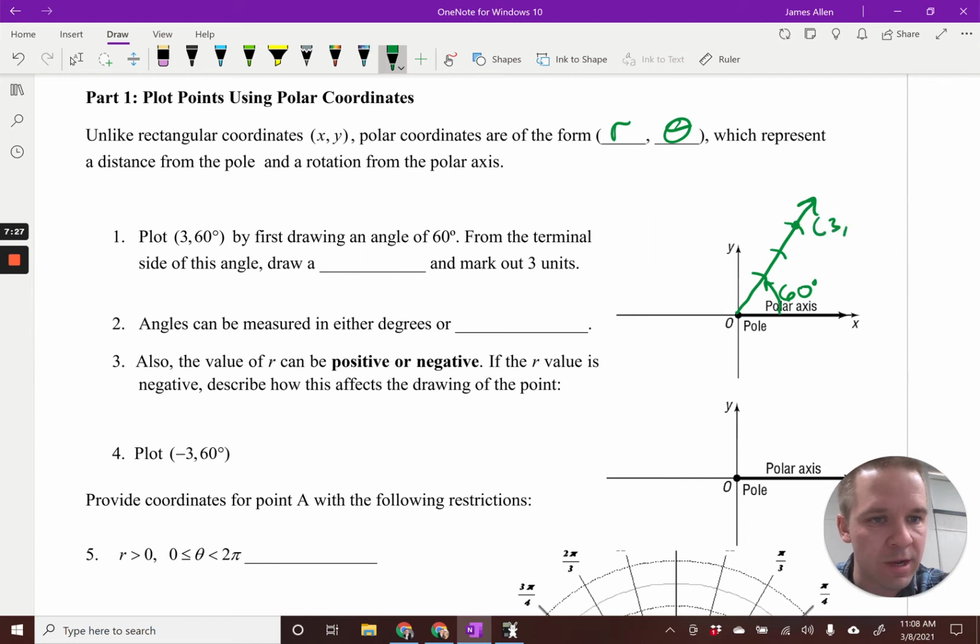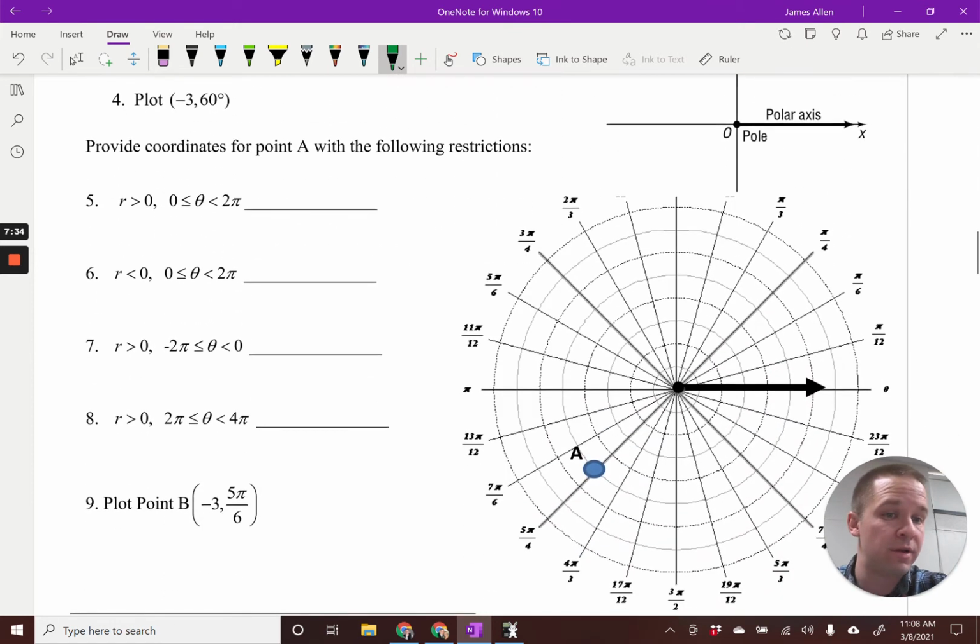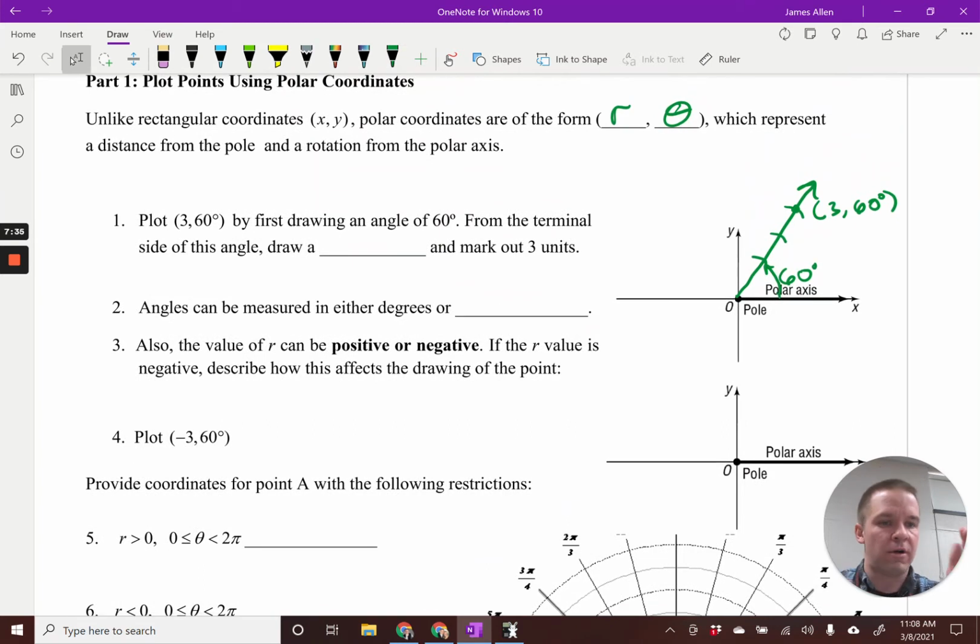So this would be 3, comma 60 degrees. And remember I said that it has concentric circles. You can kind of see down here already a preview. So that's what those arcs are for. It's showing part of the circles that we're going to have here in just a sec. Okay? And I forgot to mention this, draw a ray. That's what we did. We drew a ray from the pole out at that 60-degree angle.